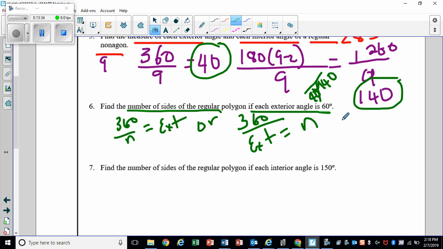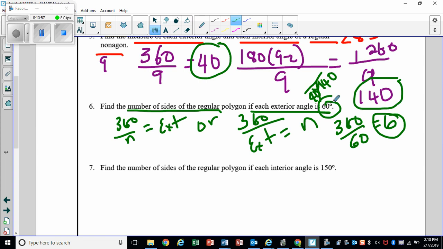Since I know that each exterior is 60, we'll do 360 divided by 60, which is 6. Good job. So this figure has 6 sides, so n would be 6.